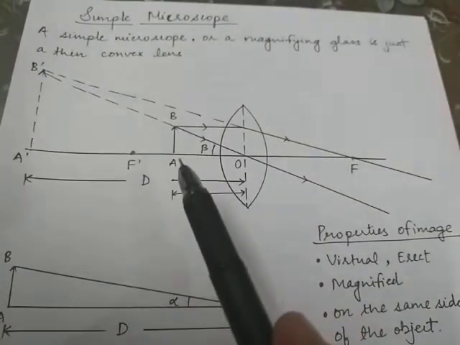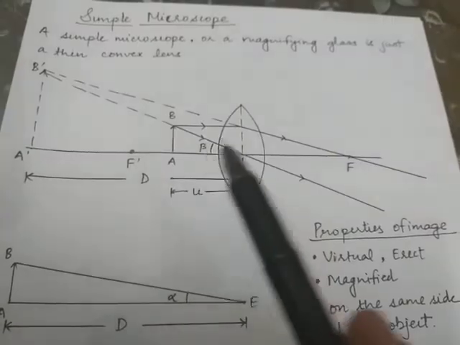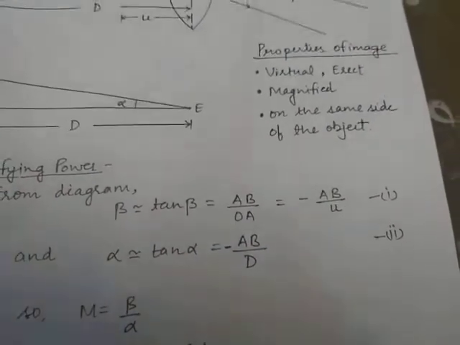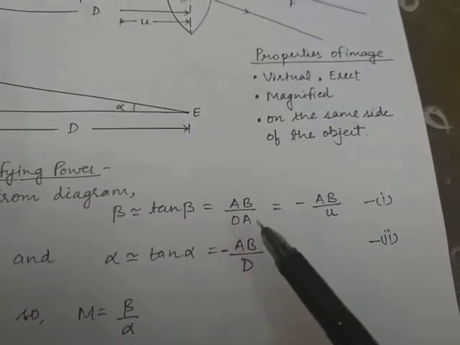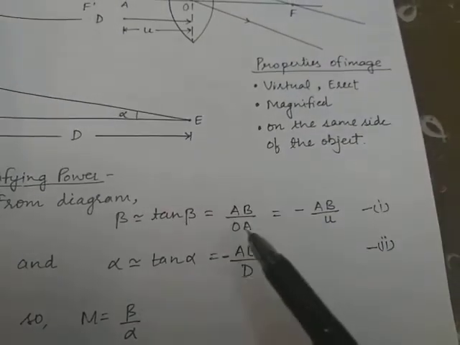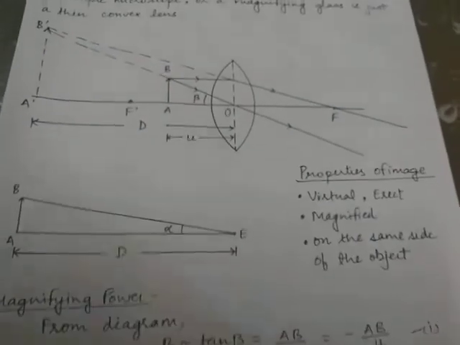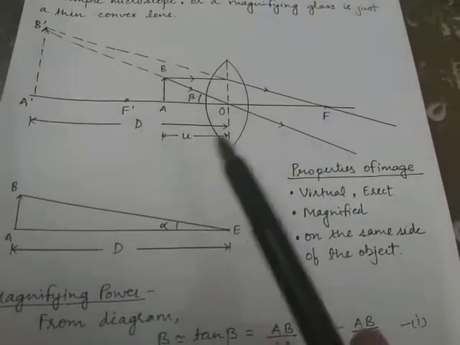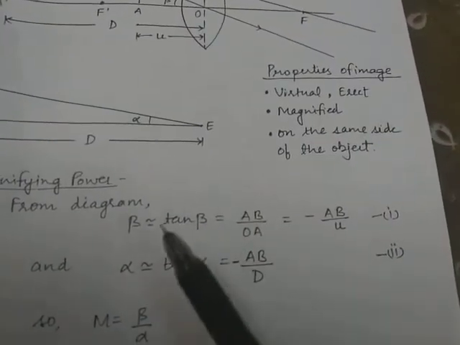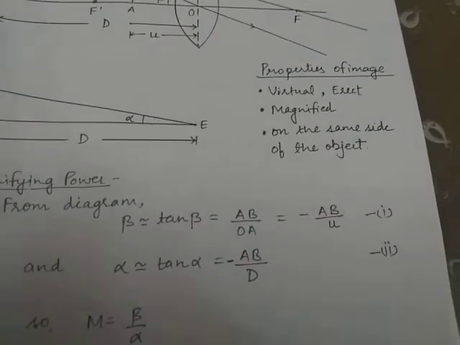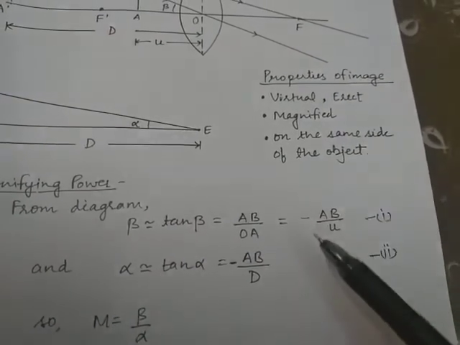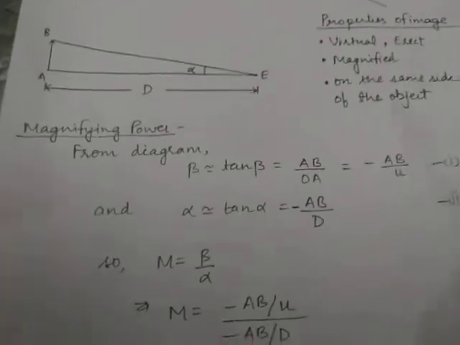It will be equal to AB upon AO, or OA, one and the same thing. AB is the size of the object which is positive, and u, as it is on the left side, is taken as negative. So the value of beta comes out to be minus AB upon u. Let it be equation number 1.